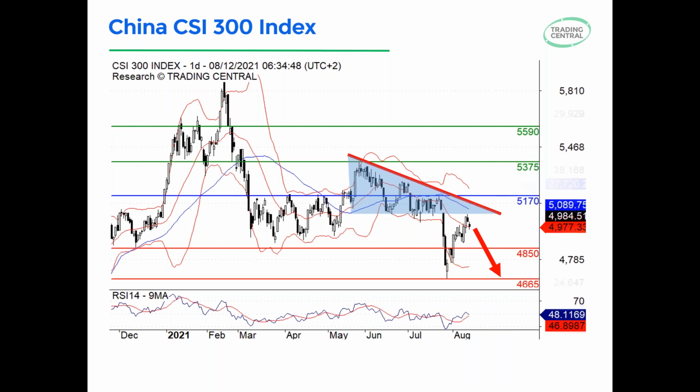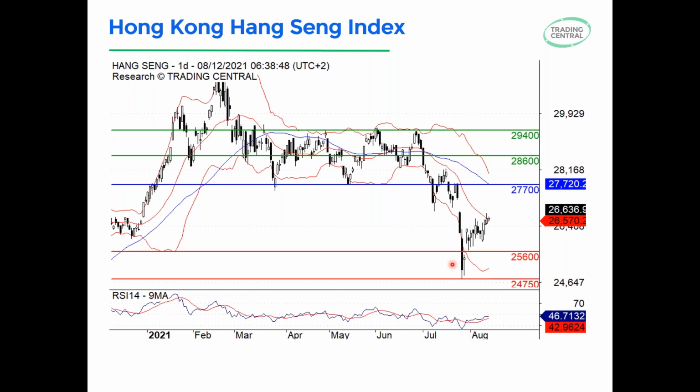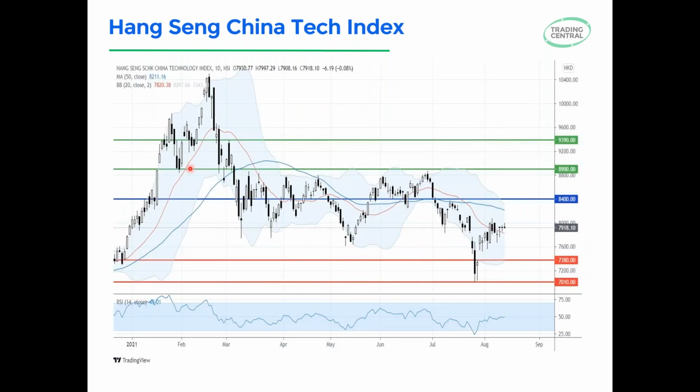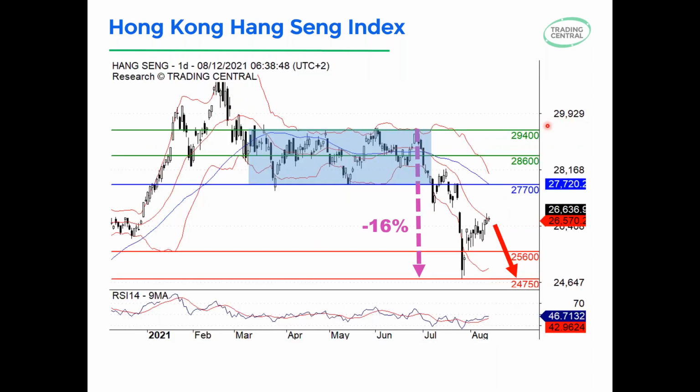Now the Hong Kong Hang Seng Index, HSI. Look at this. For months, starting from late February and March up to now, we are seeing a very strong resistance here.